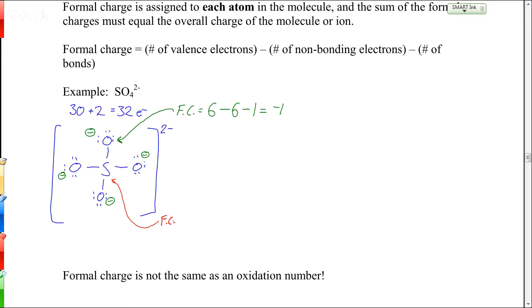So the formal charge on sulfur, 6 valence electrons, no non-bonding electrons, and 4 bonds, is +2. So we're going to put a +2 formal charge on sulfur. Okay.